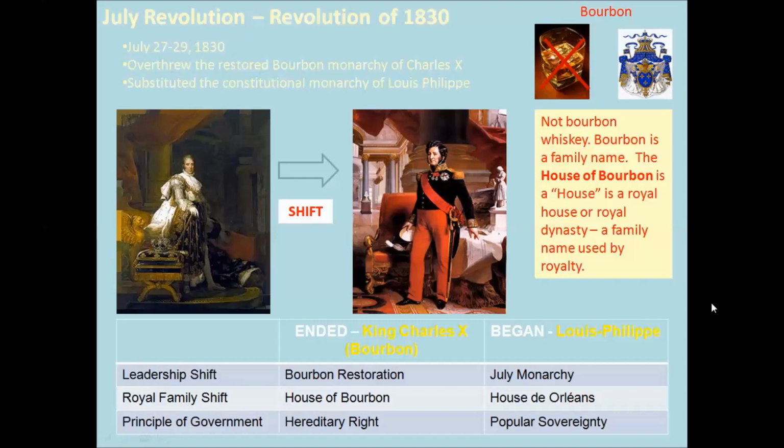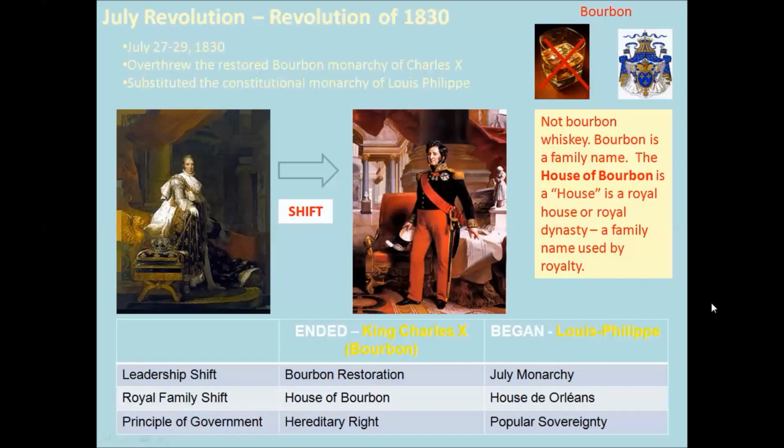So what happens with this revolution is essentially they go from a hereditary monarchy to a constitutional monarchy. And they choose their leader, his name is Louis Philippe, from a different house or different family in France. He's nobility still, but the people chose him. He was not next in line for the throne. It's actually going to shift families.